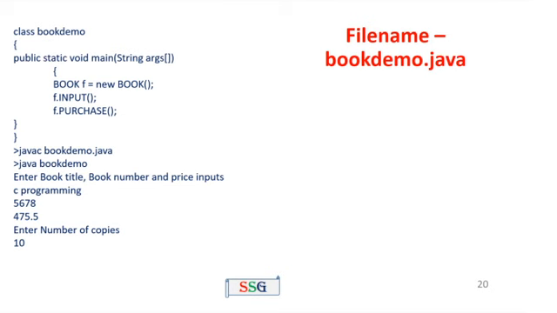Now the control transfers to the purchase function and enter the number of copies to be purchased. My input is 10. This function calculates the total cost and prints the following outputs: book title C Programming, book number 5678, price amount 475.5, number of copies 10, total cost is 4755.0.